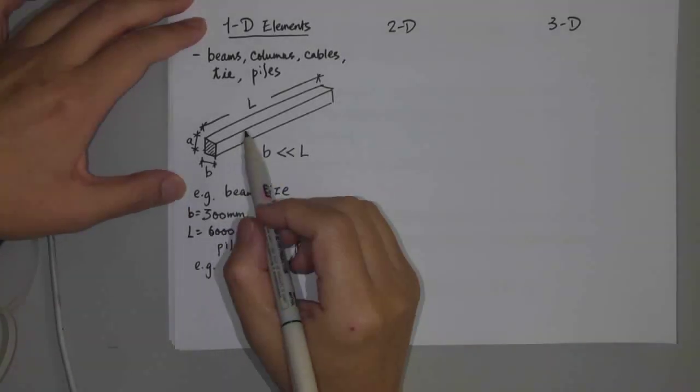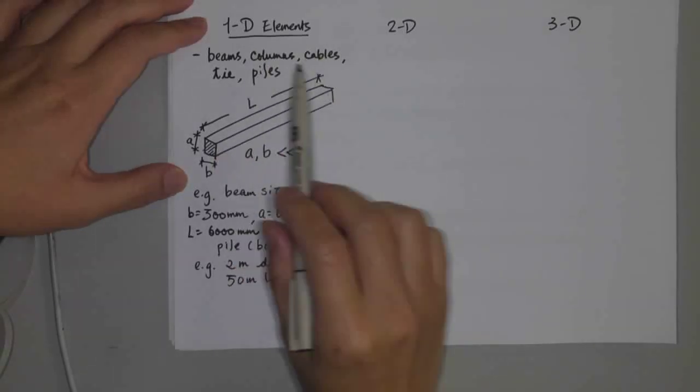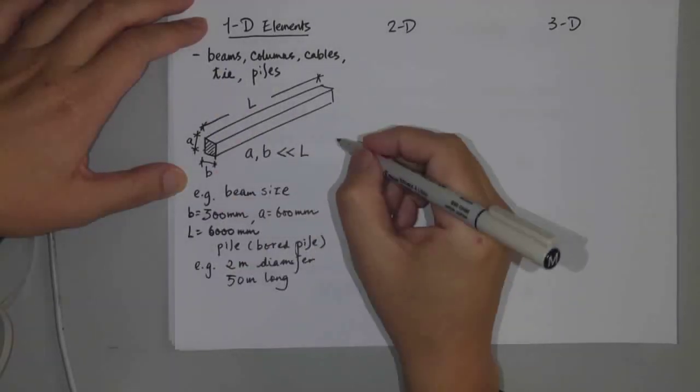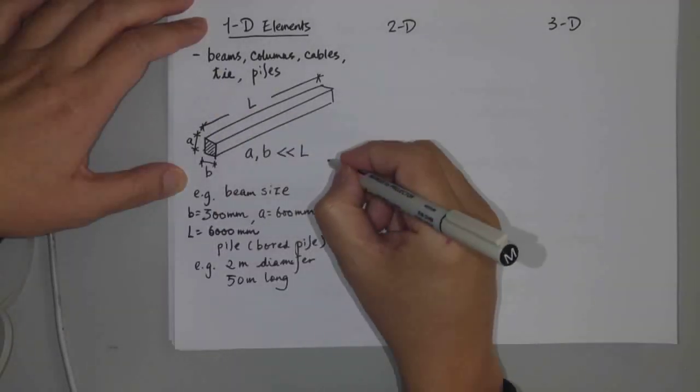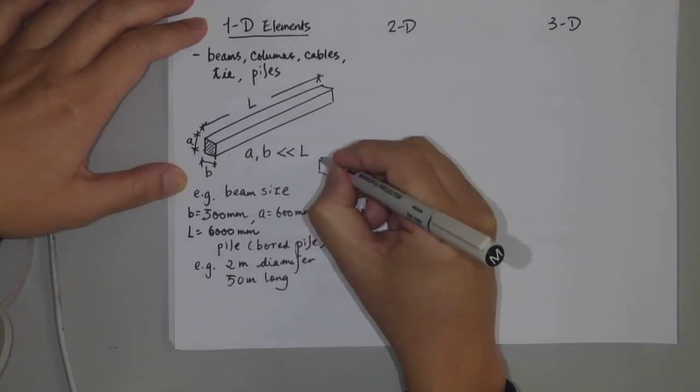But you need also to pay attention that the one-dimensional element doesn't have to be a straight member. It could be a curved member. So it's okay to have a curved beam. So I can draw a curved beam like this.